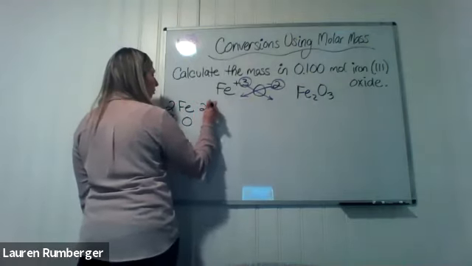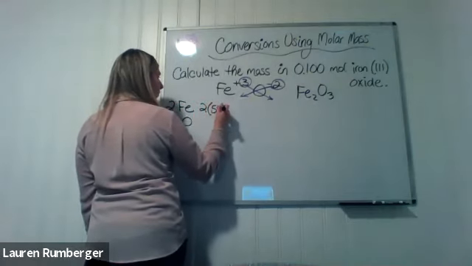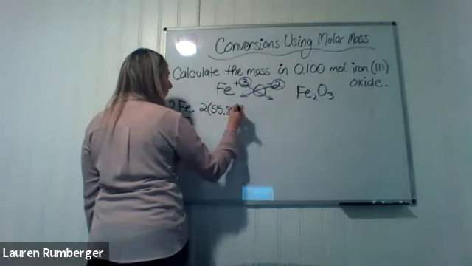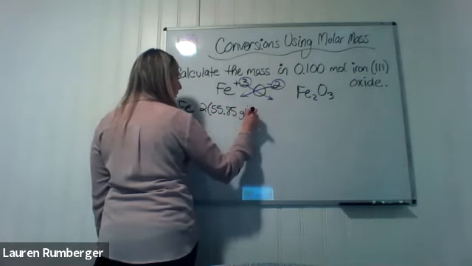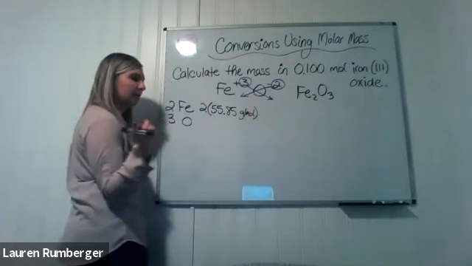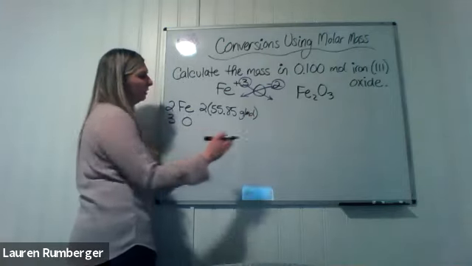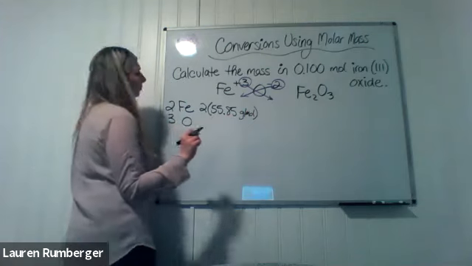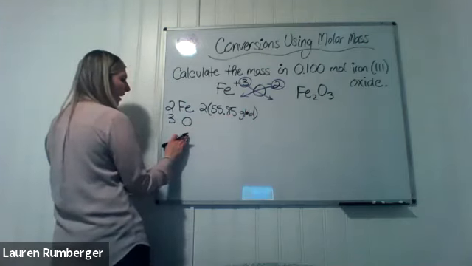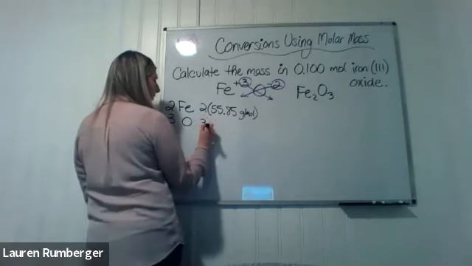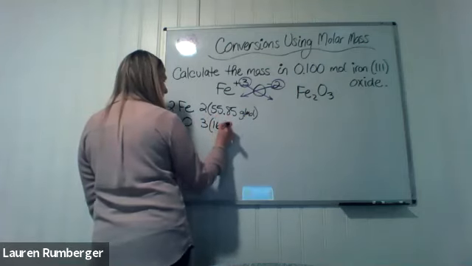So we're going to do 2 times 55.85 grams per mole. Okay, remember the atomic mass from the periodic table is numerically equivalent to the molar mass. Okay. And then 3 oxygens will be 3 times 16.00.